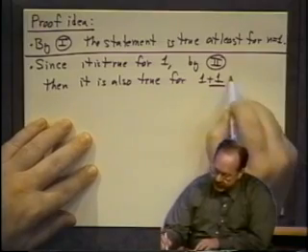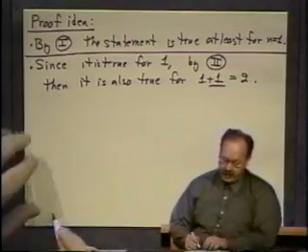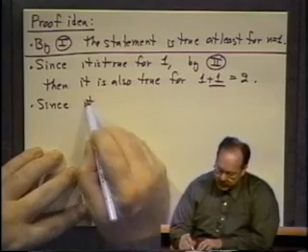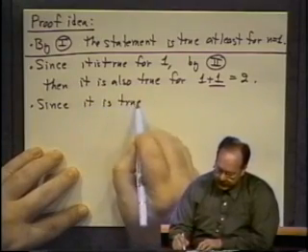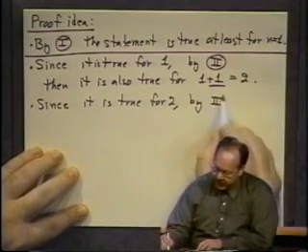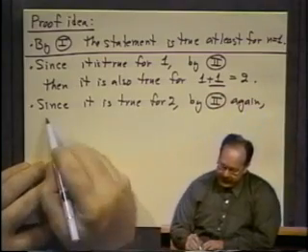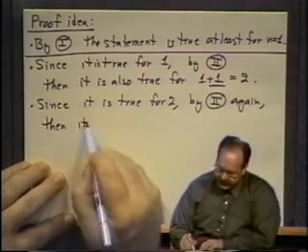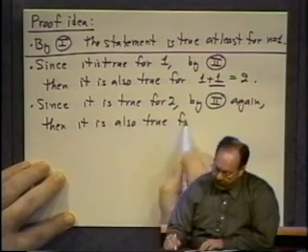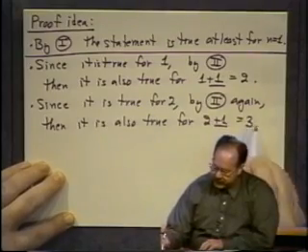So we're adding 1 here, which is 2. Okay, now 2 is true. Well, since it is true for 2, I apply Roman numeral 2 again, then it is also true for 2 plus 1, adding 1 again, which is 3.